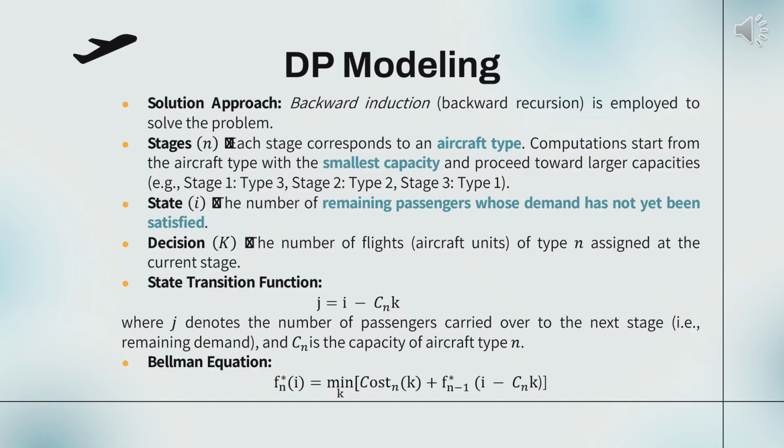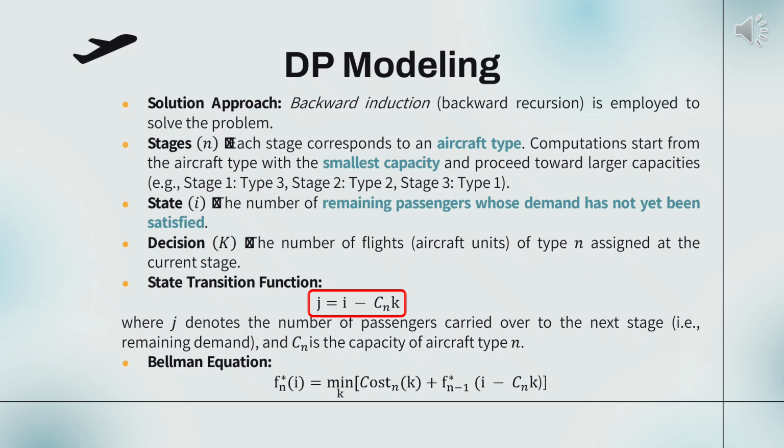Another critical component here is the state transition function, which characterizes the system's dynamics. This function dictates how, upon making an allocation decision in the current stage, the fulfilled capacity is deducted from the current demand, thereby calculating and updating the state, that is, the remaining demand for the subsequent stage.